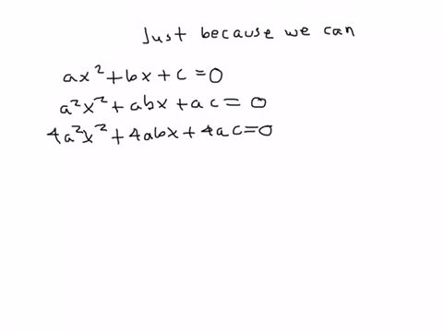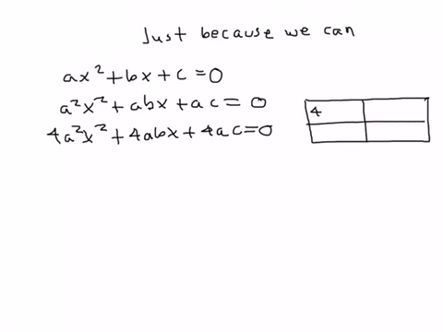Let's put that in a box. I am really hoping my box is big enough. This looks pretty scary. Let's see. So, 4a squared x squared had to be 2ax times 2ax.